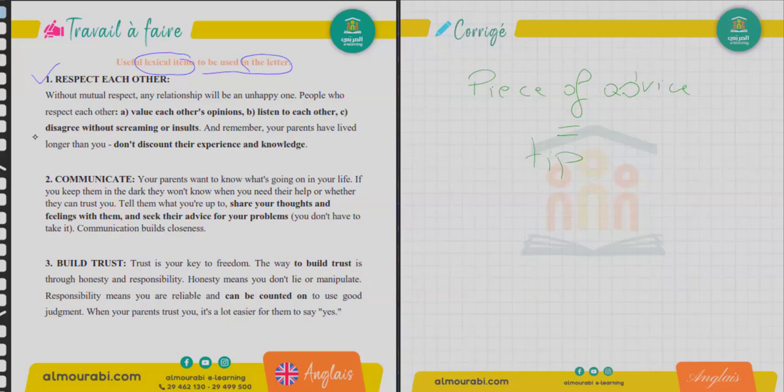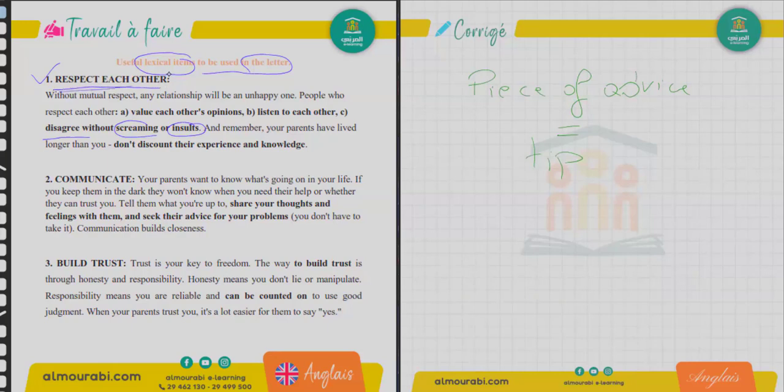When we disagree, we must not scream, must not insult. Without insults here, without screaming, without yelling. You just need to talk. That's the point here. And that's what we mean by respecting each other.